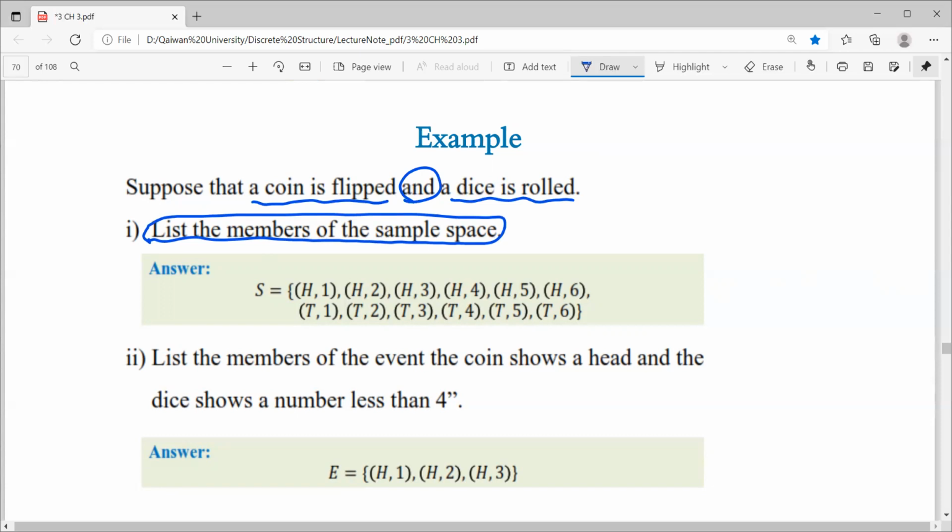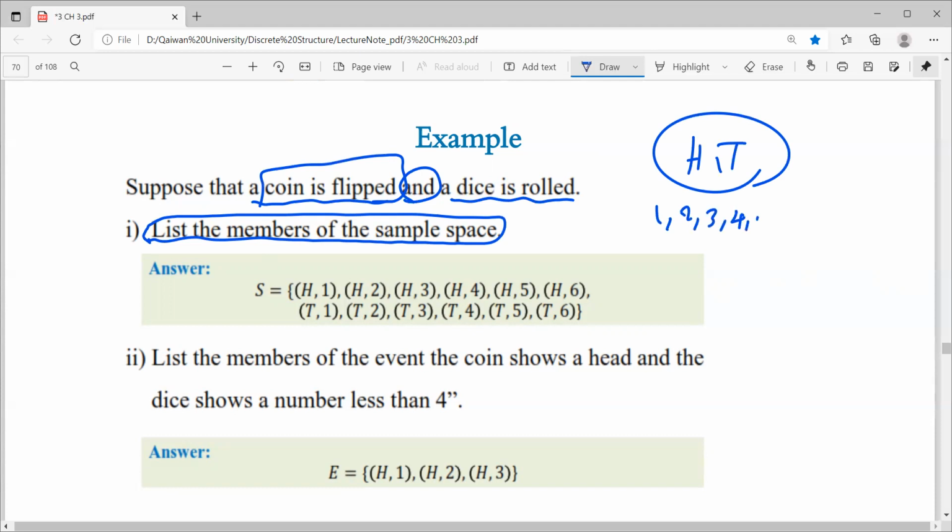When we flip the coin, it's either head or tail. It's either H or T. It's one of them. When we roll the dice, it's from 1 to 6. We have these 6 possible outcomes for the dice, and only 2 outcomes for flipping the coin.